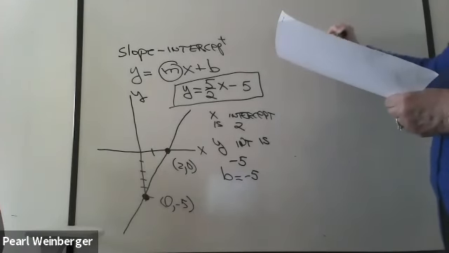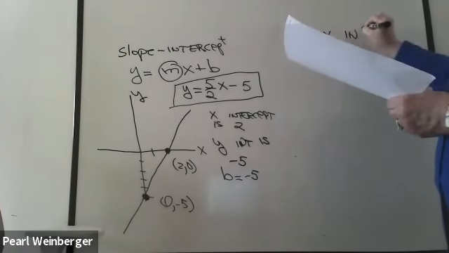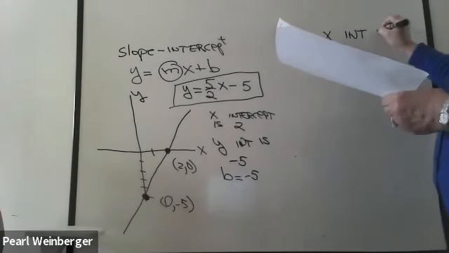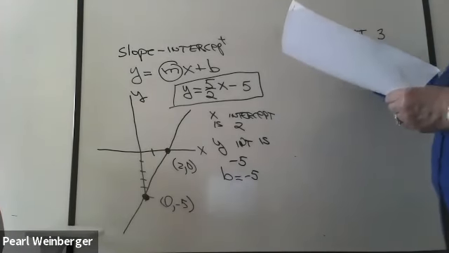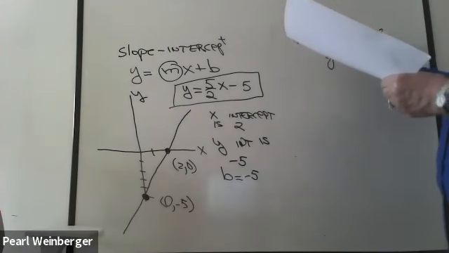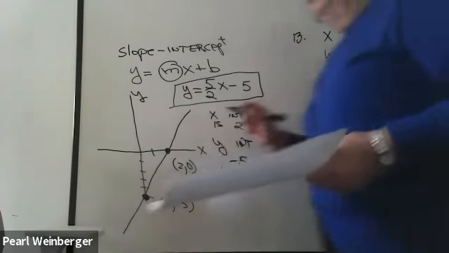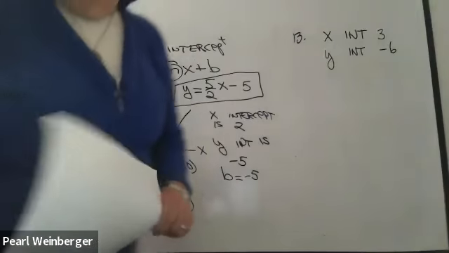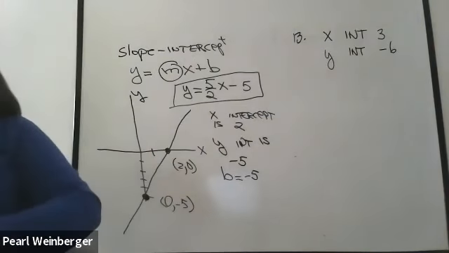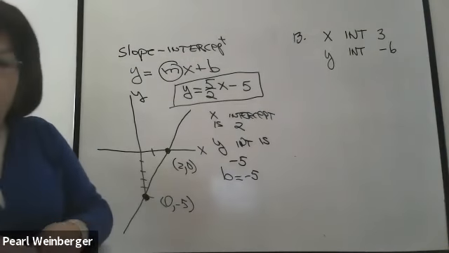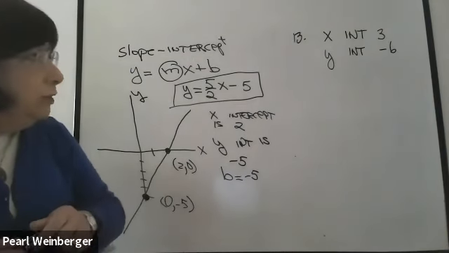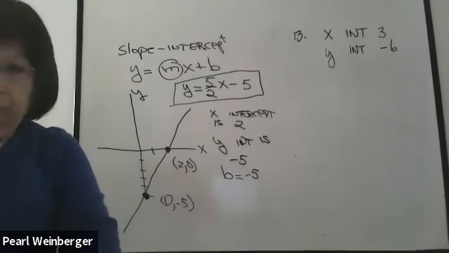It has an x-intercept of 3 and a y-intercept of -6. See if you can write the equation of the line that has those 2 features. While you're doing that, I'm going to take attendance.